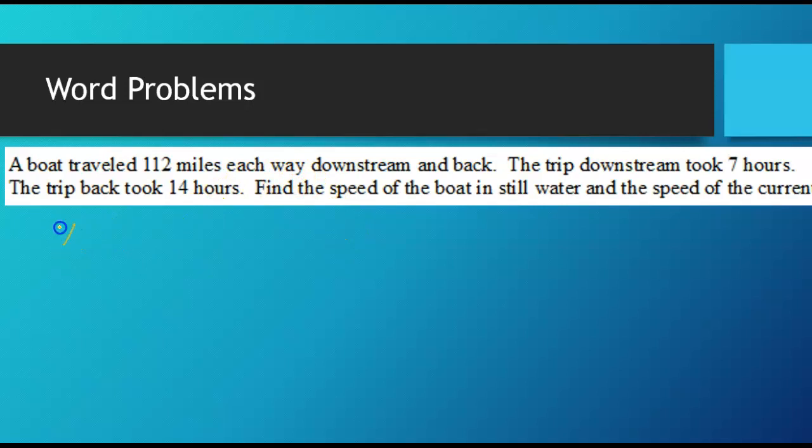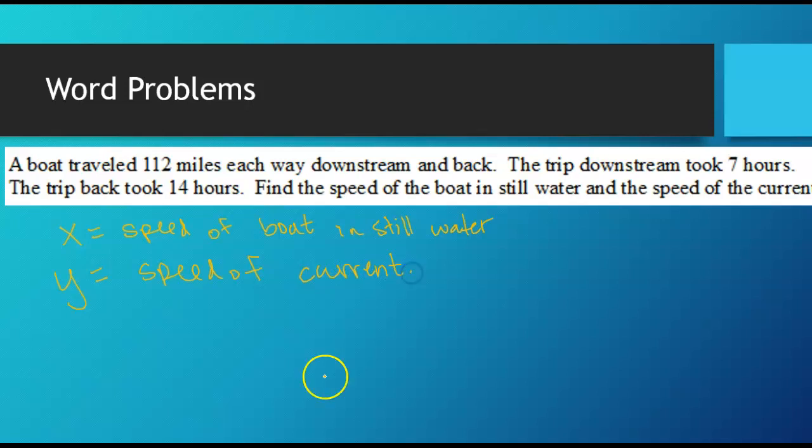Okay, so if x is equal to the speed of the boat in still water, and y is equal to the speed of the current, okay, then we know that if we take our 7, it took 7 hours to get downstream.